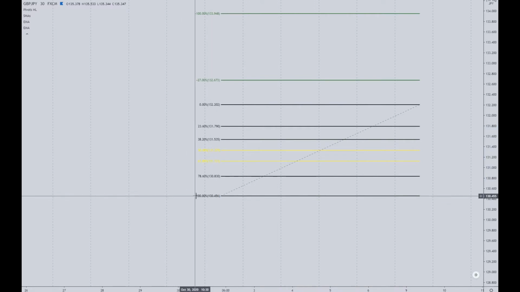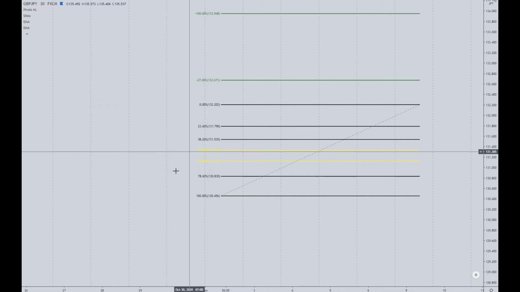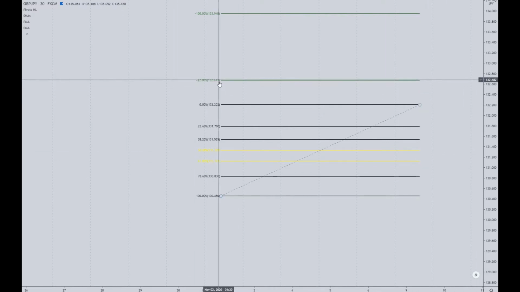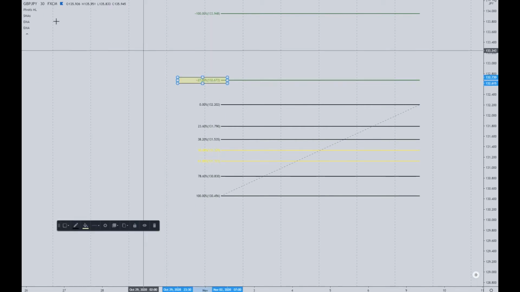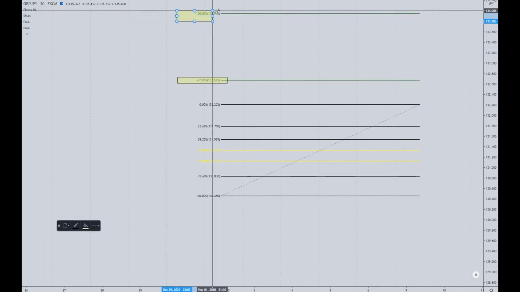Obviously the 100% and the 0% are where your swing high and swing low are for the Fibonacci. If you take a look at the negative 27% and the negative 100%, my first take profit will be at the negative 27%, and my second take profit will be at the 100%.